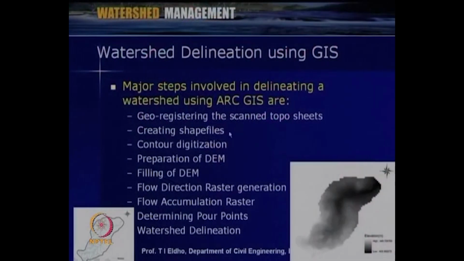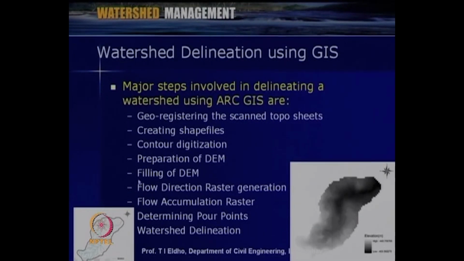Now let us look into the various steps involved in delineating a watershed using the ArcGIS software. In these slides I have listed the various steps involved in using ArcGIS for watershed delineation.